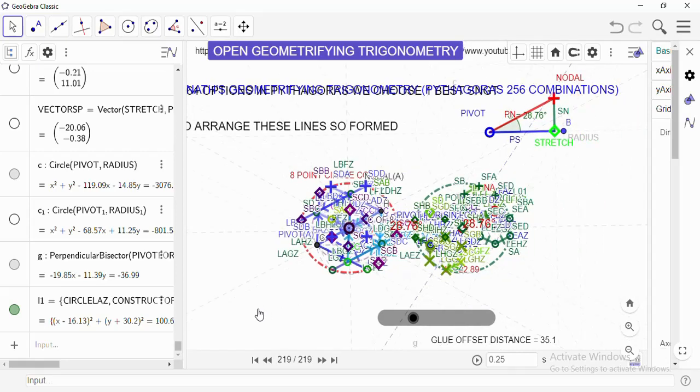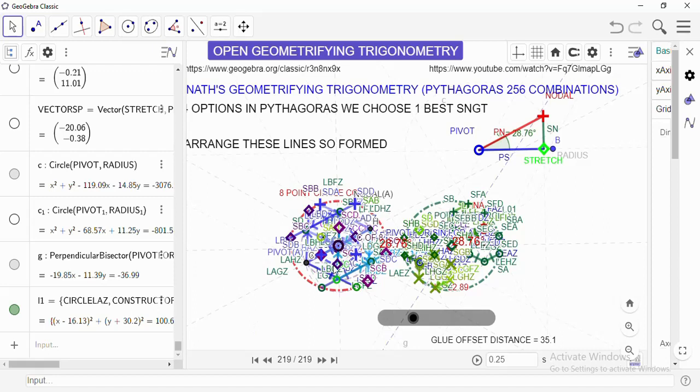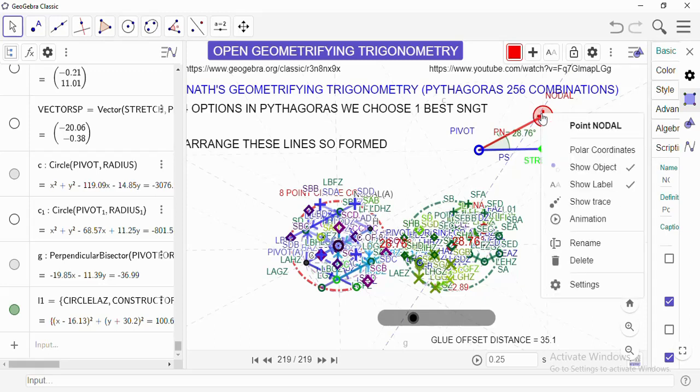Otherwise it could take much longer, around 800 to 900 steps to construct this geometry in front of you. Now I will play this to show you the nature of the dynamics here.